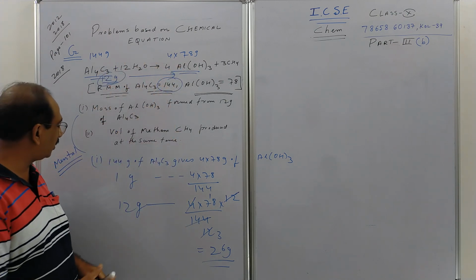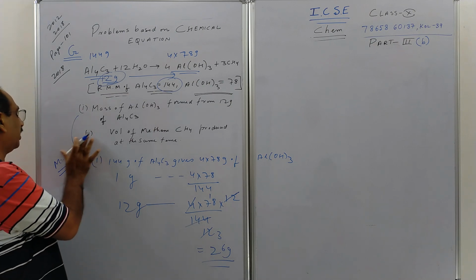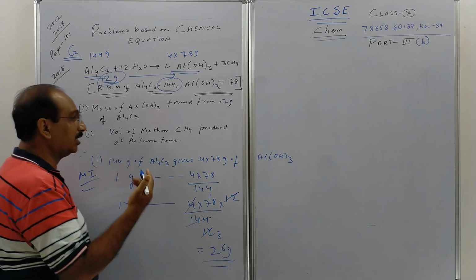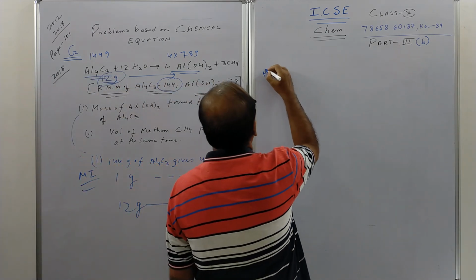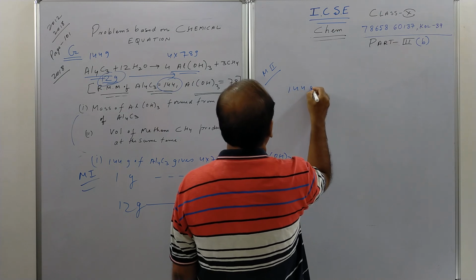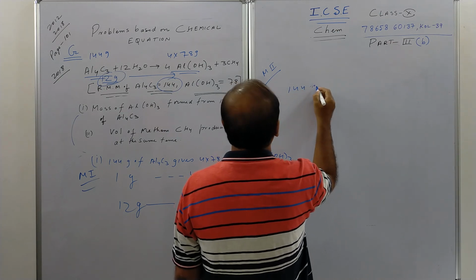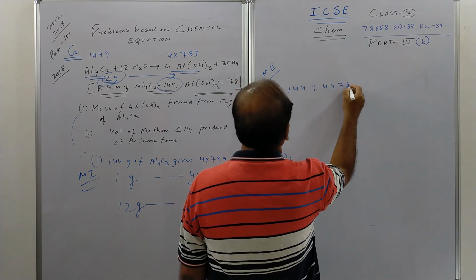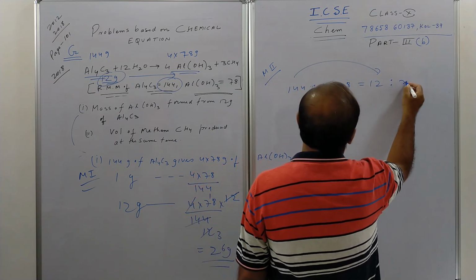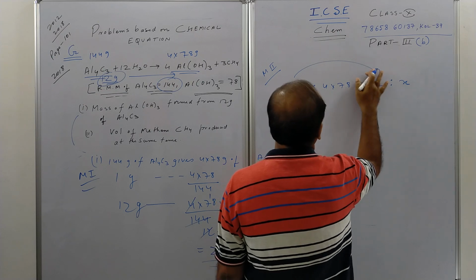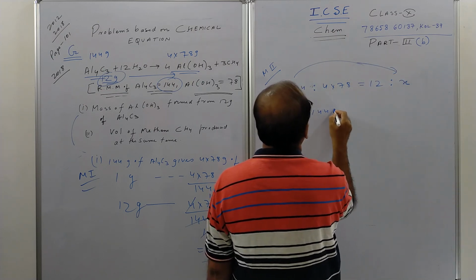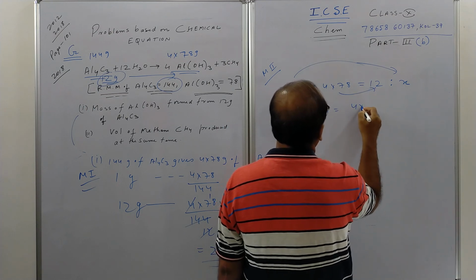If you do the ratio method, children, this was not mental maths, I showed you the first step. This is method 1; mental maths was okay, another method. Method 2: 144 gram, don't write gram, gives 4 into 78. So 12 will give, suppose x. So product of extremes, x into 144, is product of means.